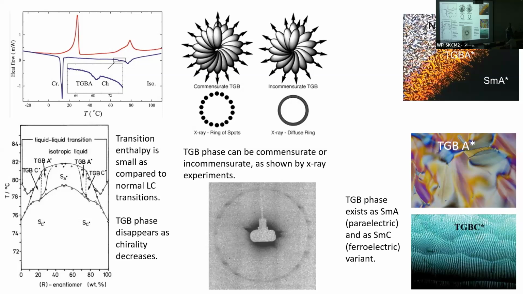If you look at this in the microscope under conditions where the smectic A phase is oriented such that the optic axis points along the direction of light propagation, everything is flat, and the twist grain boundary phase you can see here.